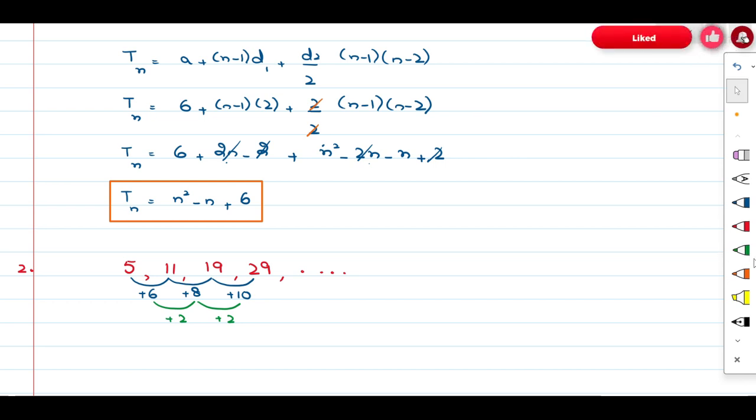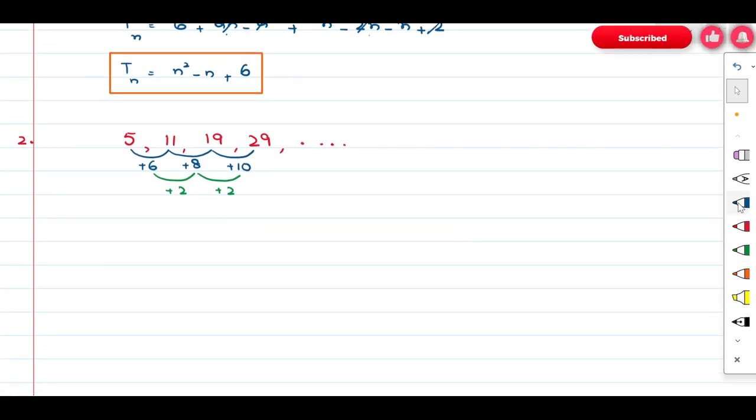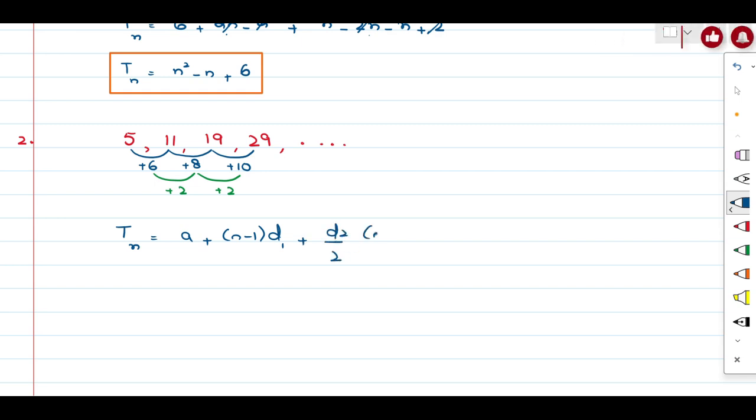So this is a quadratic sequence, and its nth term formula is Tn equals a plus (n minus 1) times d1 plus d2 divided by 2 times (n minus 1) times (n minus 2).